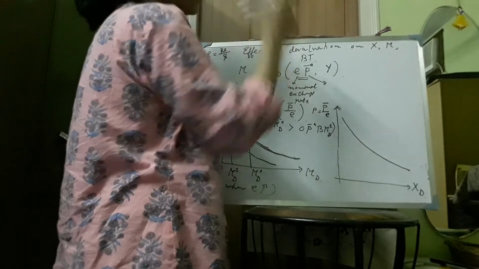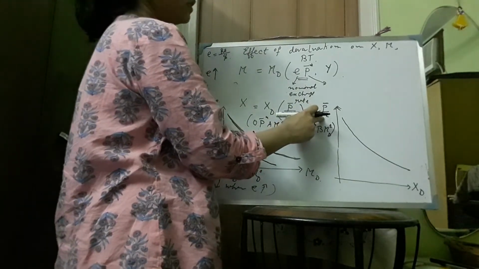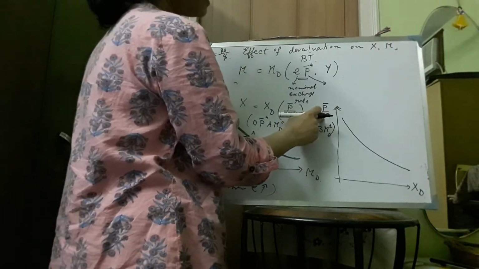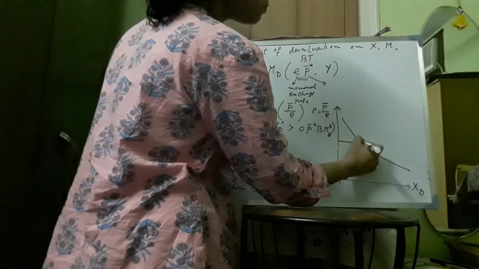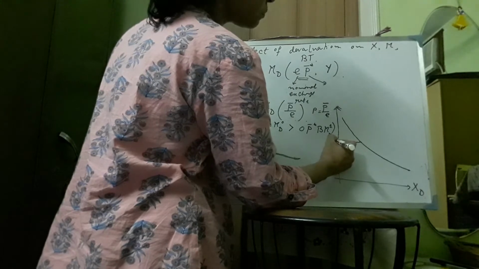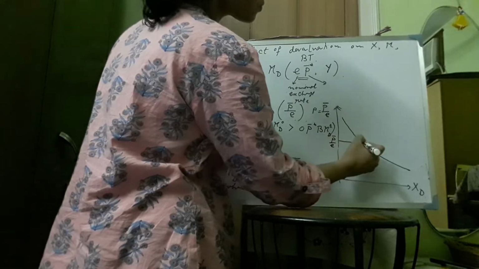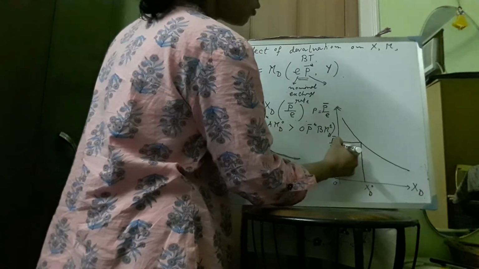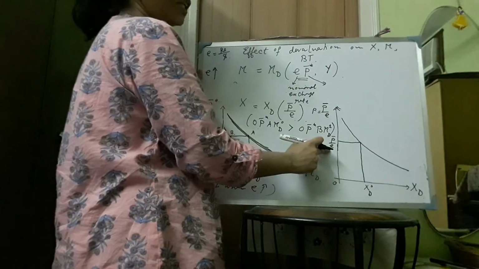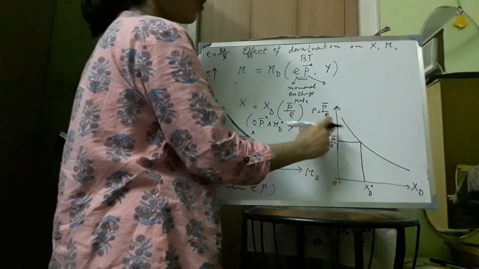When E is rising, that is, devaluation of the rupees is taking place, then P bar by E, suppose initially P bar by E was here. And the total export demand was XD naught. Since E is rising, the denominator is rising, therefore this whole thing is falling.